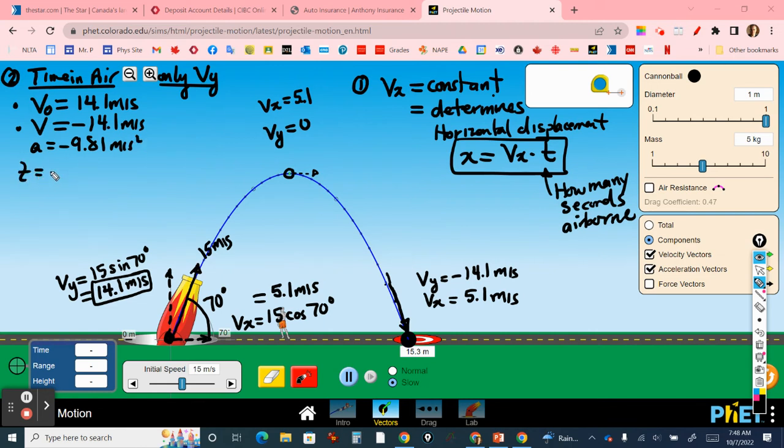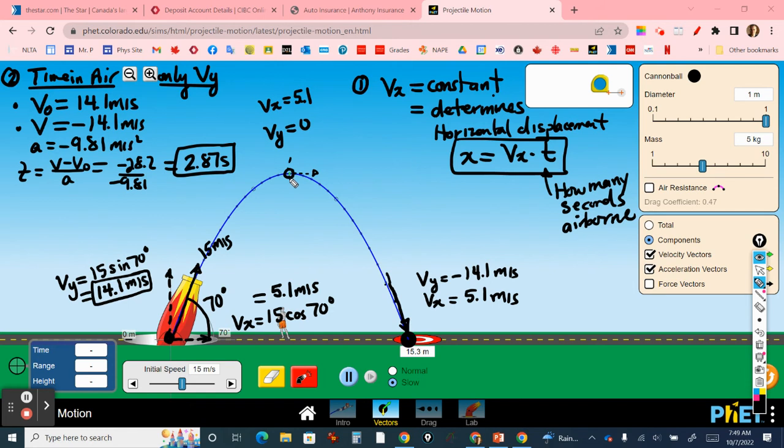And our time in the air is going to be V minus V0 all over A, which is minus 28.2 over negative 9.81. And that's going to give us 28.2 divided by 9.81, which is 2.87 seconds. So that's the total time that it's in the air.